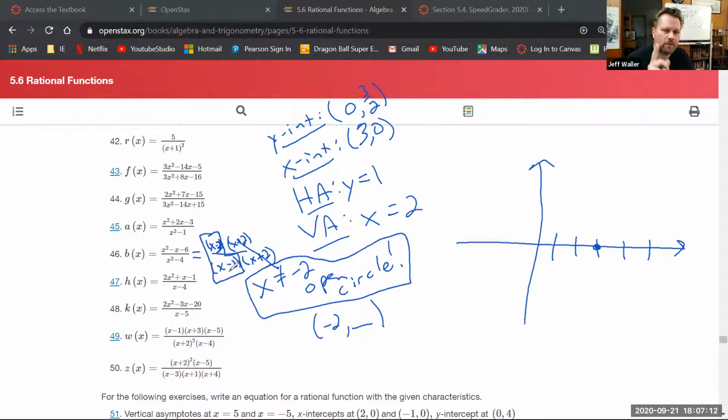I can put a value in that I'm not allowed to because the function is going to act like it wants to go to where that value wants to have the output. So it would be 5 over 4?